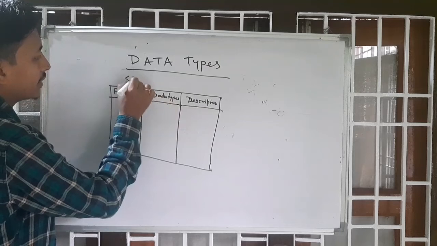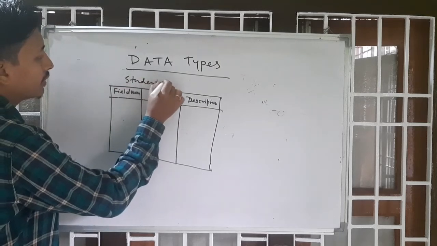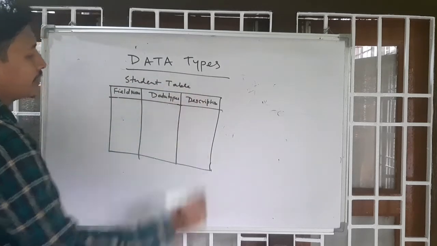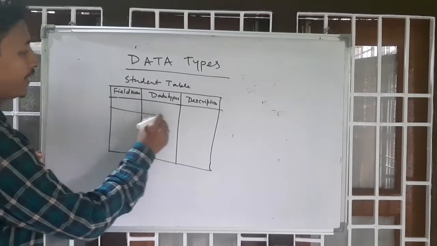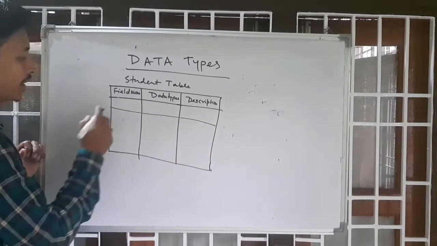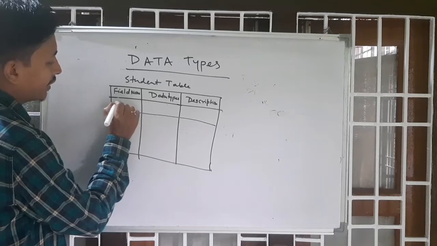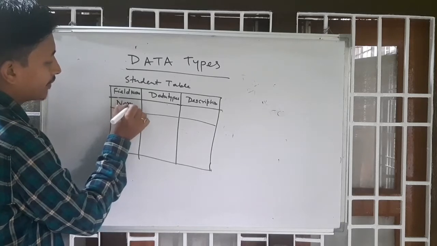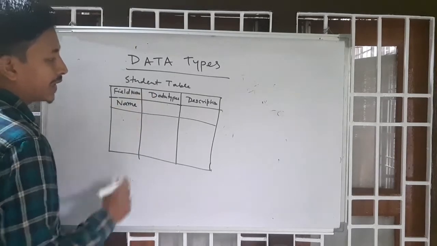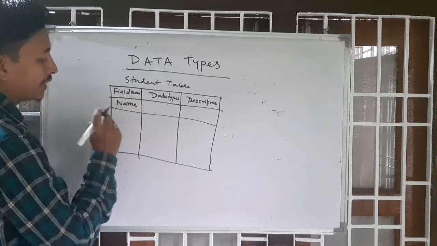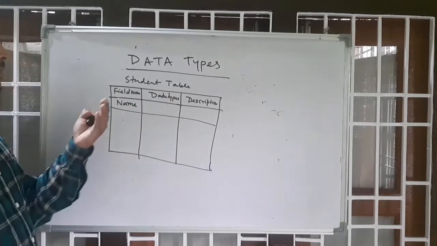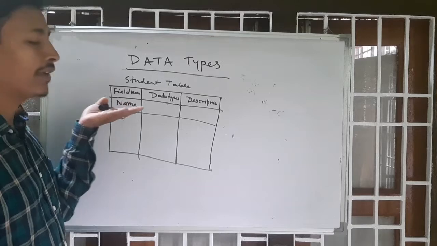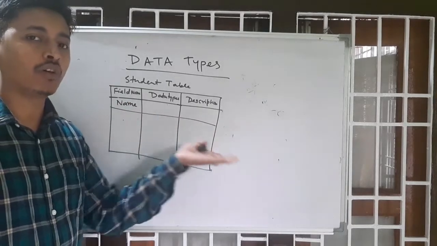It is a student table. Now see, in the field name, you can give first the name and the data type. This name field, which type of data will it hold or store?